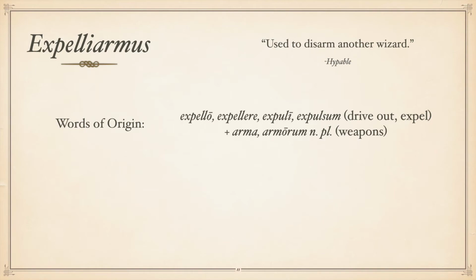But then it's a combination of that and arma, armorum, which we learned a while ago, and it means to drive out a weapon. Arma, armorum is plural. It only has plural forms, but I guess she changed it to Expelliarmus because it sounds cooler, and also it's just applying to one weapon, so that's kind of a cool thing.